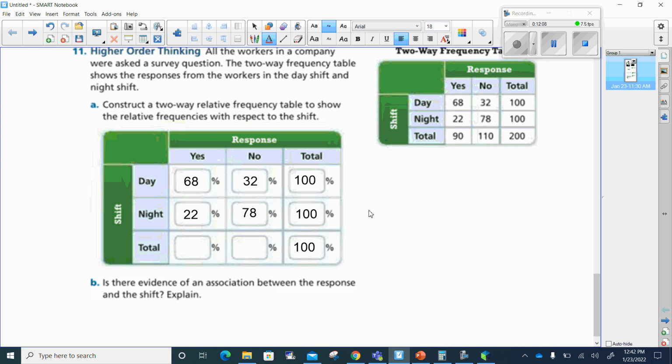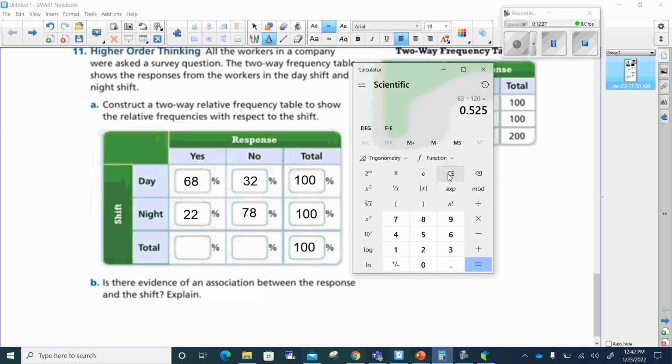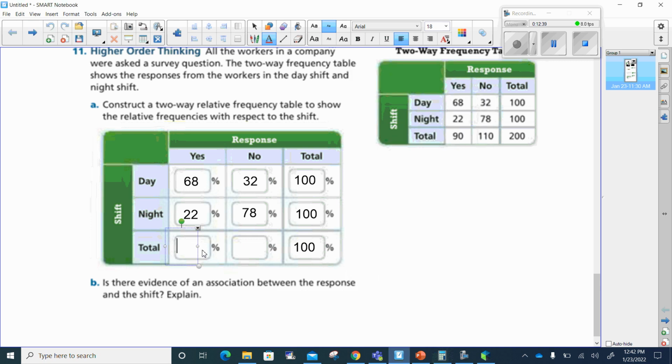Now that's the tricky part because remember, we're putting them in respect to shifts. So we have the rows here, and now we have to find the percents. To do this, I'm going to have to take 90 out of 200. 90 divided by 200 is going to equal 0.45, so this would be 45 because we moved the decimal over twice.